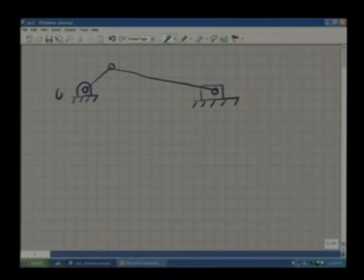Let us say O2A is the crank, AB is the connecting rod, and link number 2 is the crank, link number 3 is the connecting rod, and the slider is link number 4.